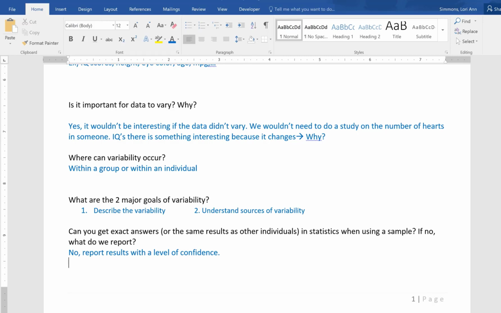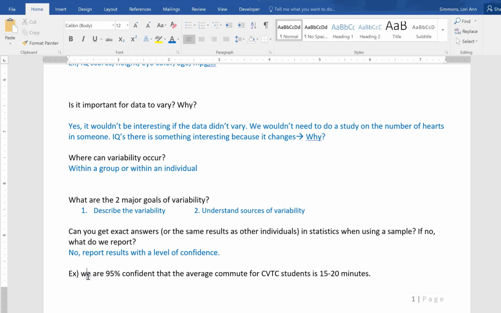So an example would be, we are 95% confident that the average commute for CVTC students is 15 to 20 minutes.